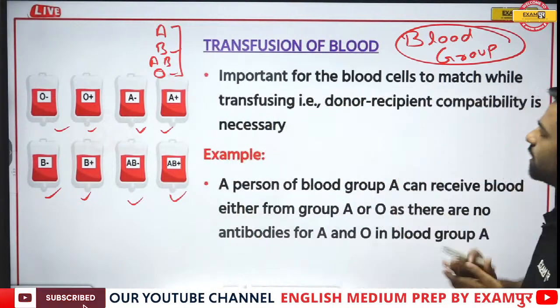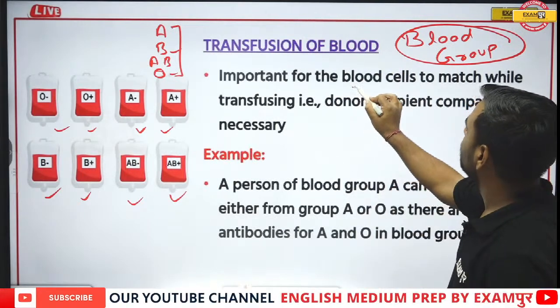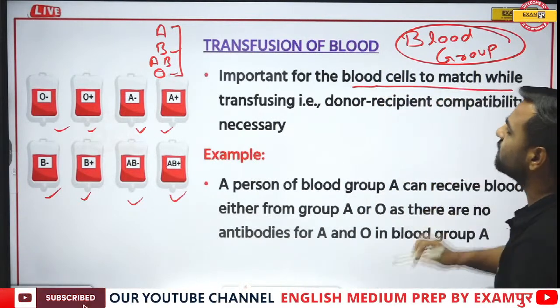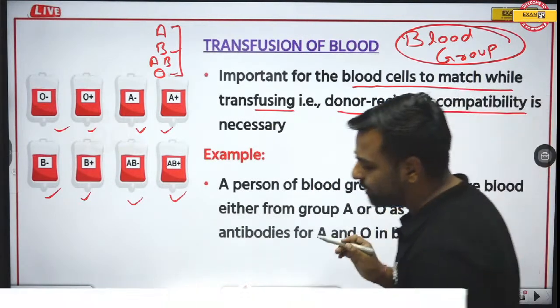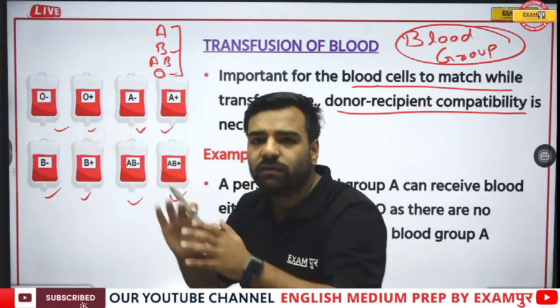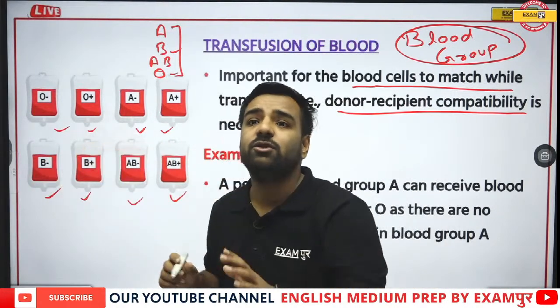Good. So if I talk about the transfusion, it is actually important for the blood cells to match while transfusing. Donor recipient compatibility is actually necessary. Why? What will happen if any blood can be given to anyone? That's not possible.